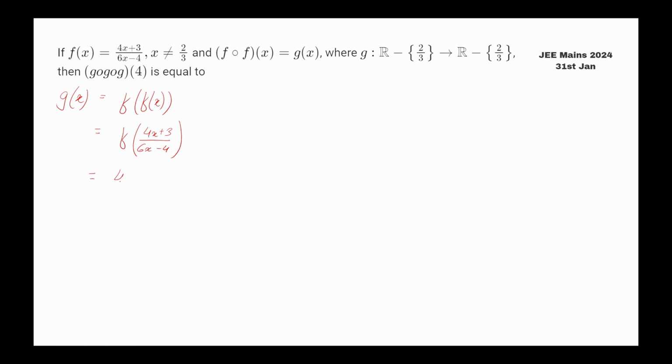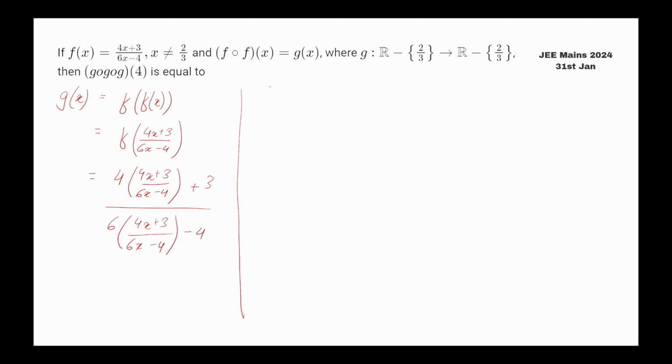So I would get 4 times (4x plus 3 upon 6x minus 4) plus 3, upon 6 times (4x plus 3 upon 6x minus 4) minus 4. So this is the value that I need to find out. What I'll do is try to simplify this so that I can find out what value exactly I am getting. So I'll take the LCM.